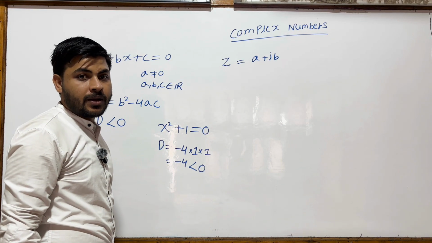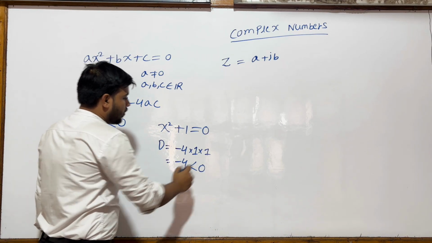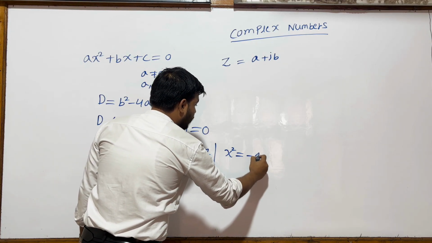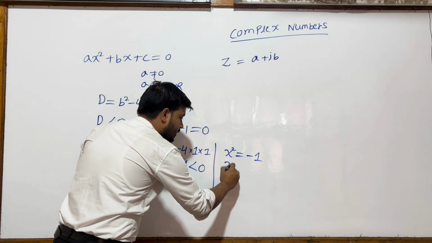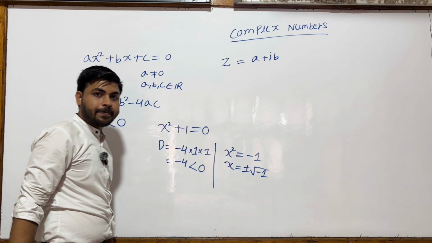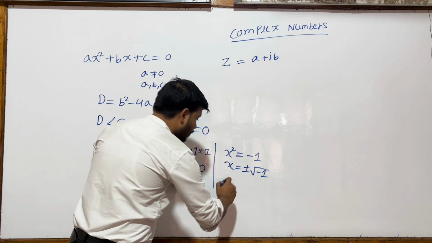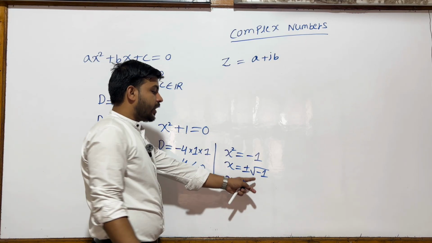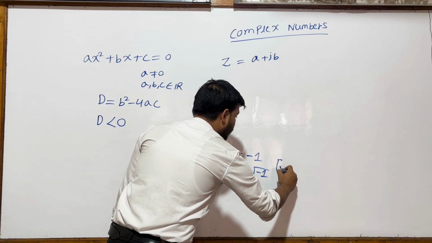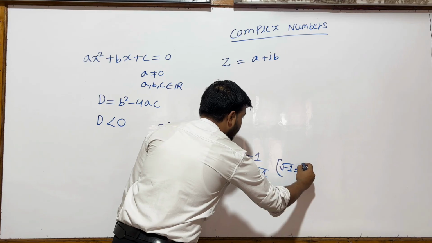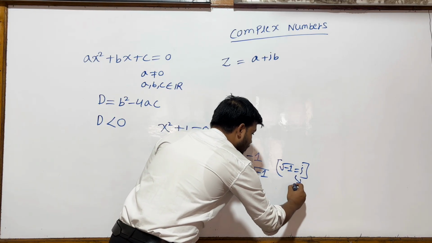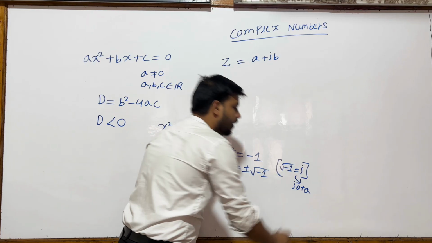If we find the solution of this equation, x square is equal to minus 1, so x equals plus minus root under minus 1. So x equals root under a negative number. We just denote root under minus 1 equal to i. What is i? i is called iota.